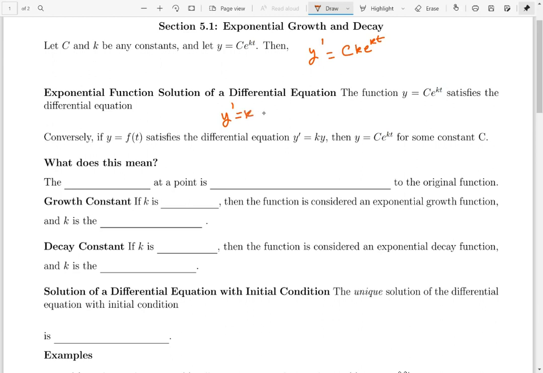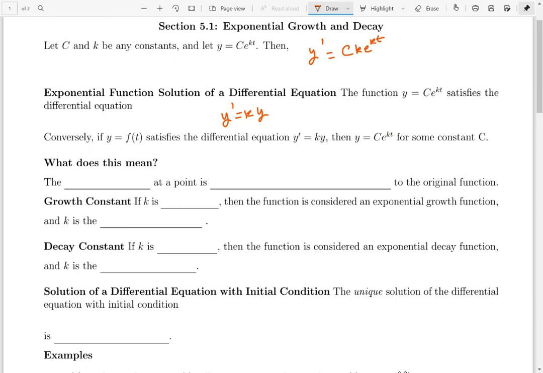And so if I have y prime is equal to k times y, I can claim that specifically y equal to c times e to the kt satisfies this differential equation. Notice that if I plug in c times k times e to the kt for y prime, which we found y prime to be, and I plug in c times e to the kt in for y, then we will get the exact same thing on both sides.